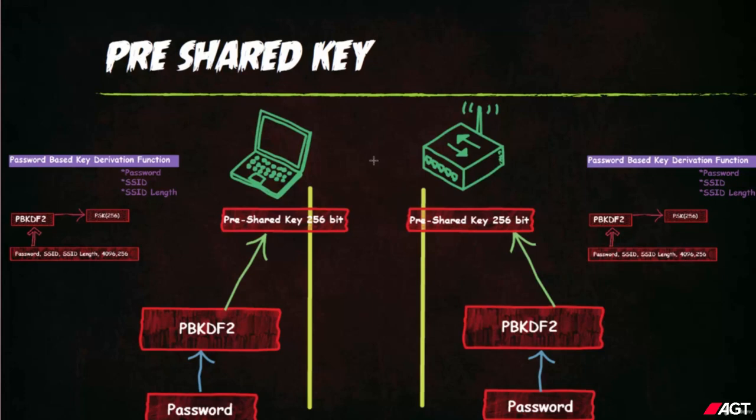The client and access point have generated these on their own. The client will have the same pre-shared key as the access point. Nothing has been shared right now; both have just generated their own pre-shared key, which will be the same.